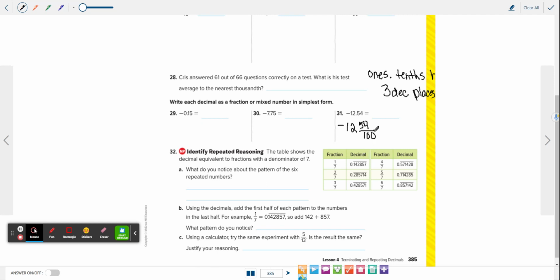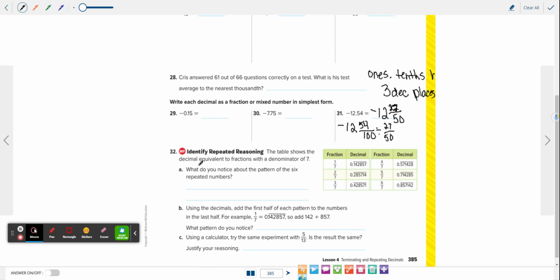You just have to keep trying those until you find the lowest number, okay? So if I divide by 2, 54 divided by 2 is 27. That'd be 27 over, and then 100 divided by 2 is 50. So now that's all you can do. 27 over 50. Negative 12 and 27 over 50 is your answer for 31. Okay.